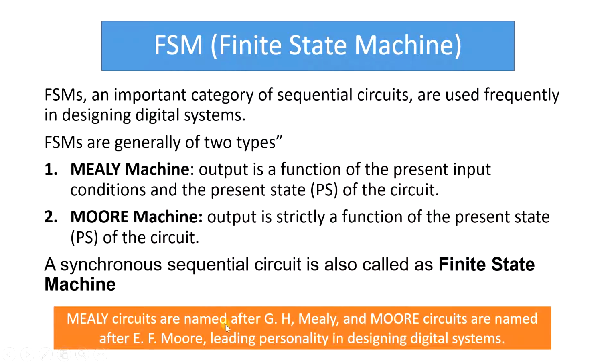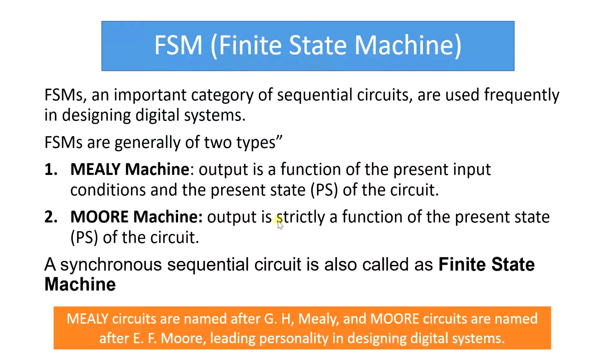Now, other than this, where do we use these finite state machines? From your daily used electronic machines to very complex digital systems, we use the FSMs, that is finite state machines.